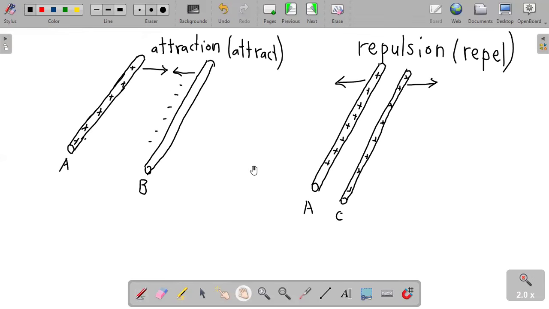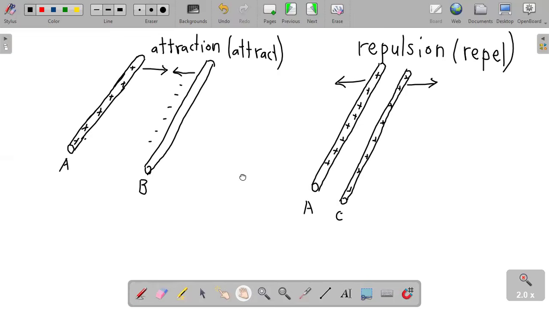Like we said before, if it's positively charged, it means it has more protons than electrons. So if they have the same charge, they will repel each other. If they have opposite charges, they will attract one another.